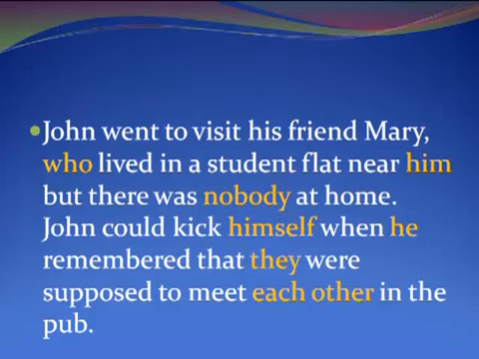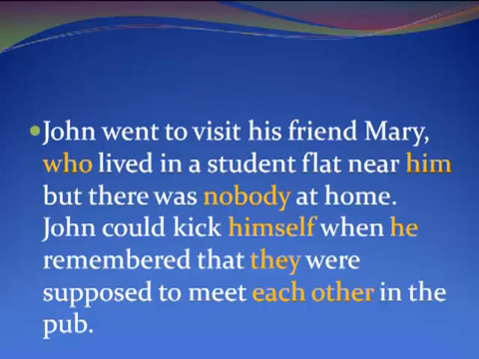Okay, well, if we look at them, these are the pronouns. First, his: John went to visit his friend Mary, you can replace with the friend Mary, so it's not a pronoun here, that's a determiner. But then we get who lived in a student flat near him, and it introduces a little clause here.